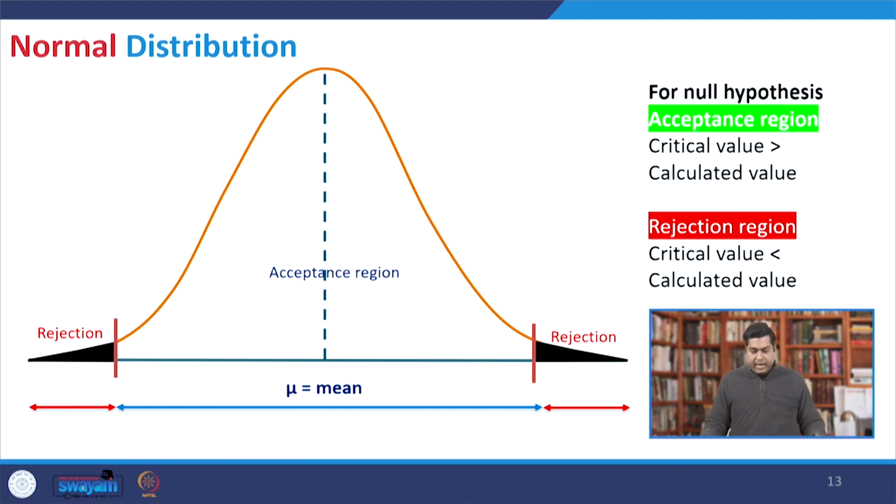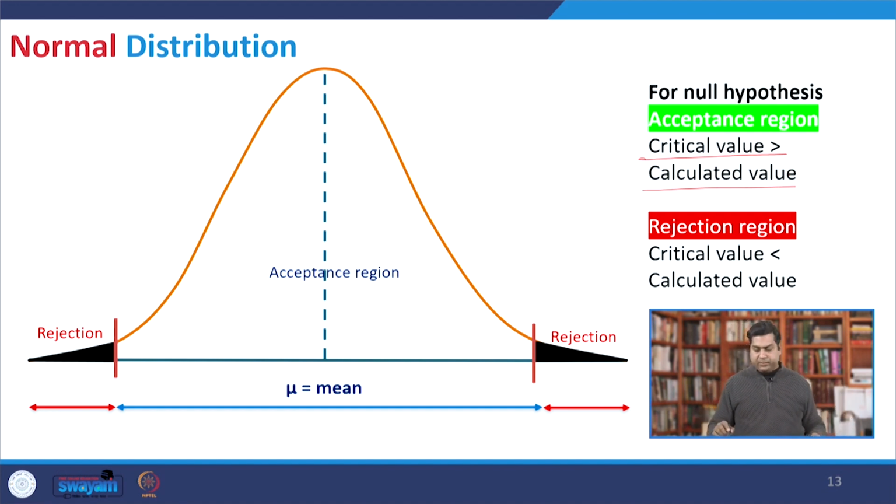Now, I have already mentioned that for any particular hypothesis testing, there will be some test statistic, or it may be the p value. In this case, whenever your critical value is more than the calculated value, you have the acceptance region.